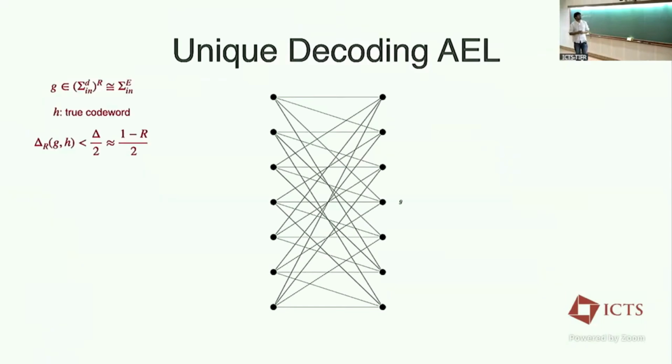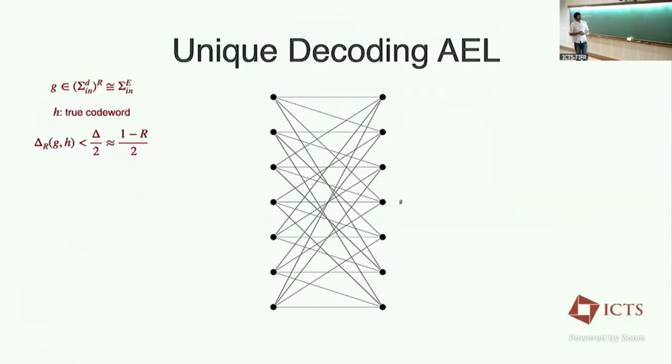So let's see how unique decoding AEL goes and why it is linear time. So this is our graph. Let's say G is some, I'll try to use G as the received word mostly and H as the true list code word. Let's say G is the received word that we'll have on the right-hand side.